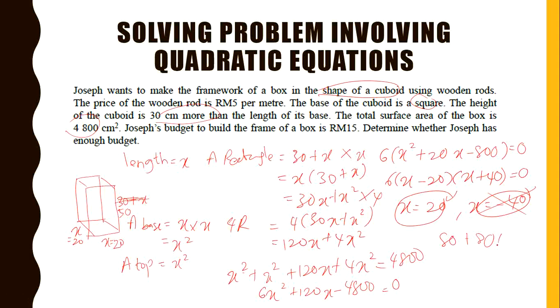So, 4 kali is 200. So, there will be 360 cm. Ukuran harga dia is RM5 per meter kan? So kita kena tukar dia dalam meter dulu. So dalam meter, it will be 3.6 meter. Total wooden rod yang diperlukan is 3.6 meter.